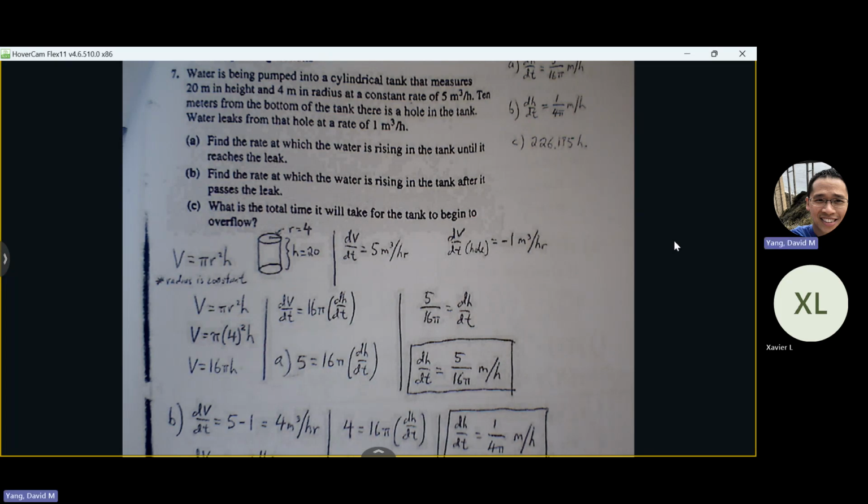Okay. 10 meters from the bottom of the tank, there's a hole in the tank.